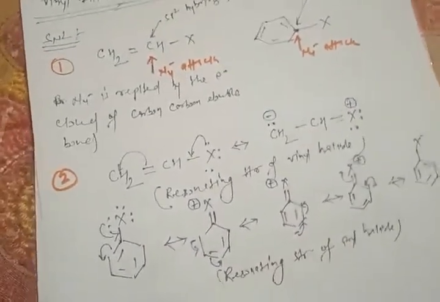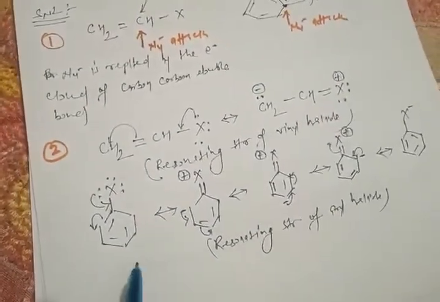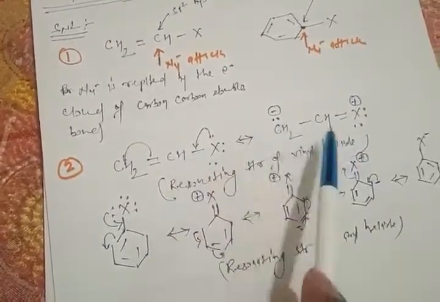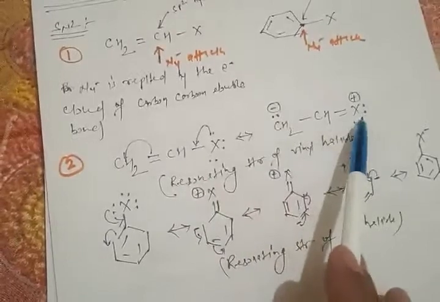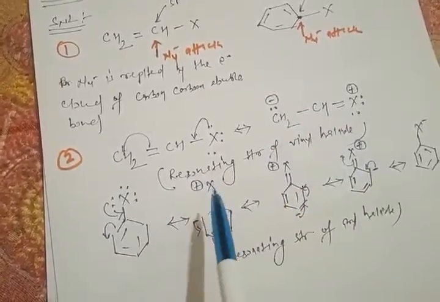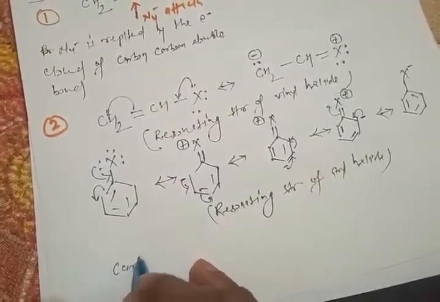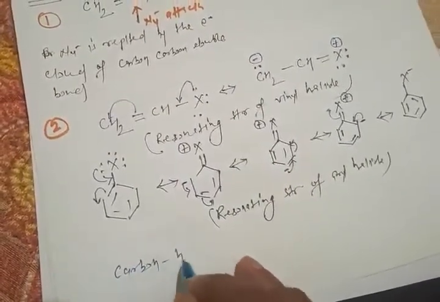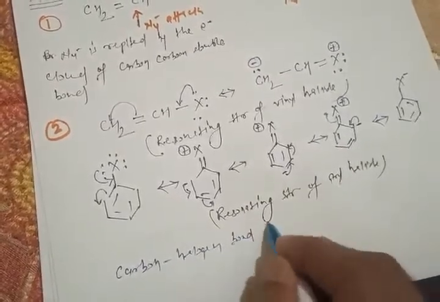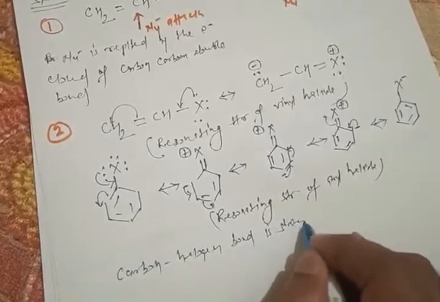Okay, so the first reason we have explained, now the second reason. Now in this case there is a double bond between carbon and halogen. So with this double bond, the carbon halogen bond is shorter. I had already explained this one.